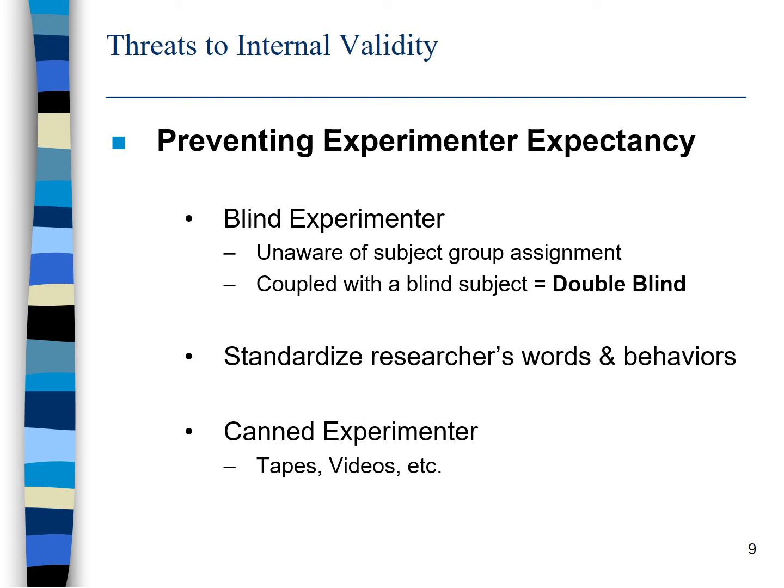group. And then another way we can try to prevent experimenter expectancy is to find a way to standardize the words and behaviors of the researcher or the research staff, right? So they're never able to give hints. They don't give extra information. Everything is very standard, almost recorded. And that's where, in a perfect sense, you would have what is known as a canned experimenter.